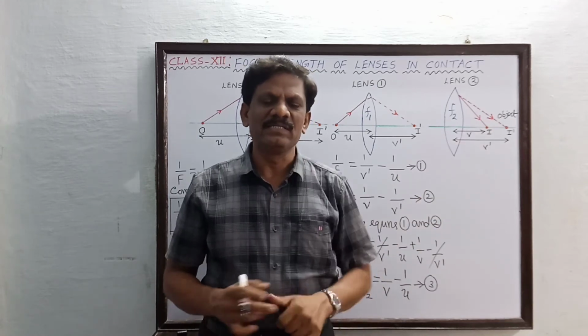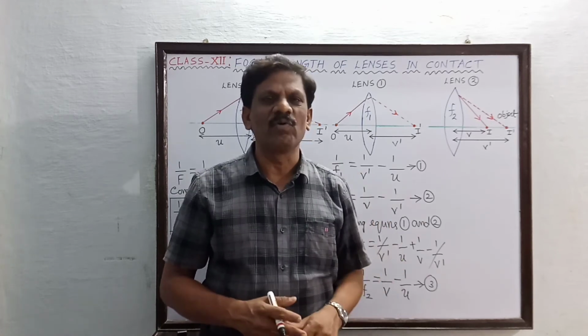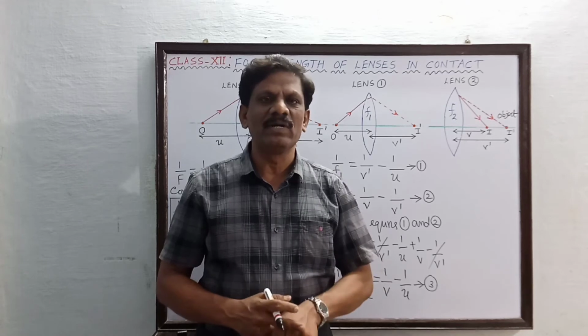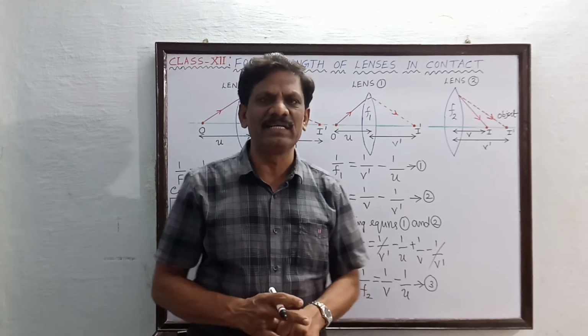But my dear students, what is the numerical value of the reciprocal of the focal length? It is also the power, the diverging or converging power of the lens, is it not?